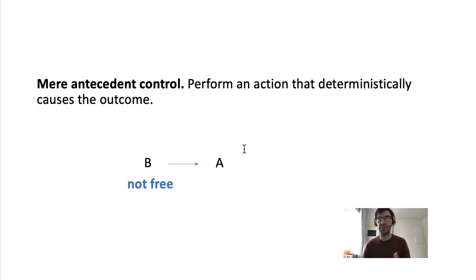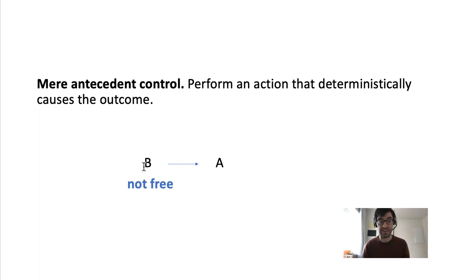Franklin's idea is, since B itself is not a free action, it's totally unclear why the mere fact that you can perform a non-free action that would deterministically cause A would make A free. So he thinks that mere antecedent control is not a plausible necessary condition on free action.